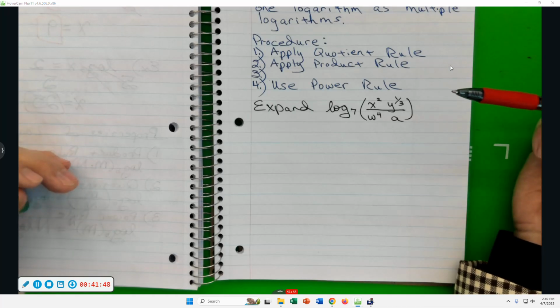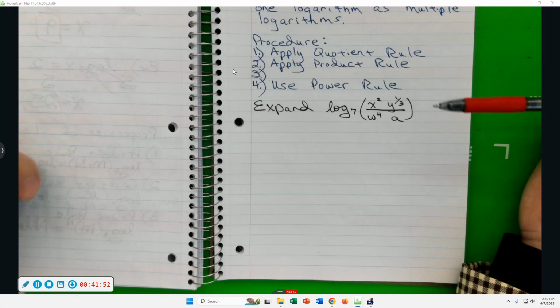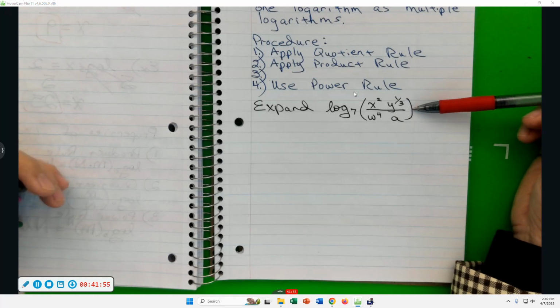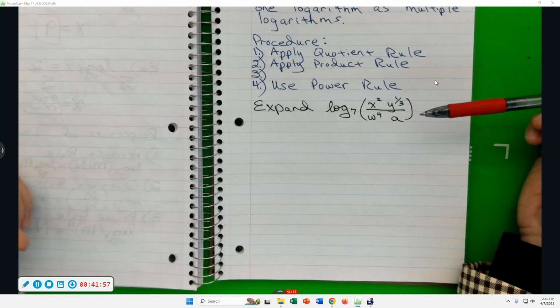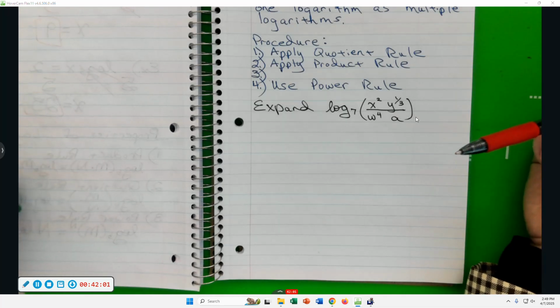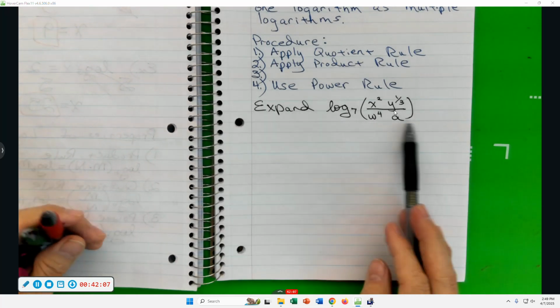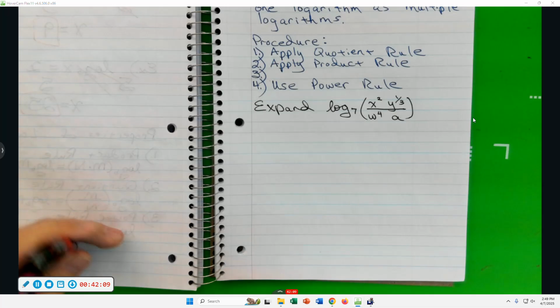That's how we're going to start expanding. For these expansion problems, we'll do it in 1 or 2 steps, and you'll be able to look at this and just type the answer in.